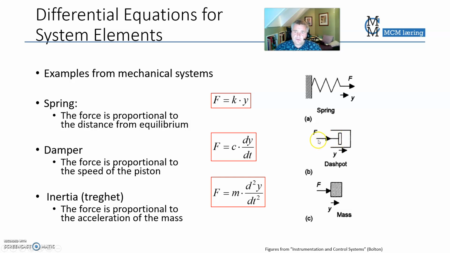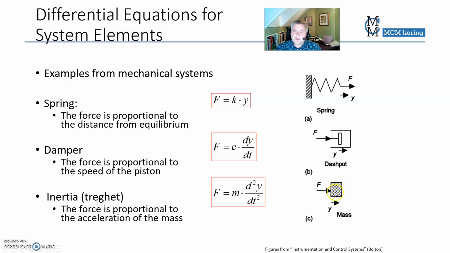So the faster you try to pull that one or push it into the chamber here, the more it will resist. So if you try to push it very slowly, it really doesn't resist much at all. So this one depends on the first derivative of the position, which is velocity.